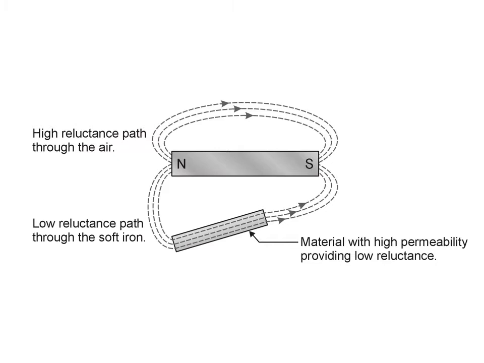When we have more lines of flux in a given area, we say that it has a high flux density. The more flux we have per unit area, the more lines of force we have that are concentrated, the stronger the magnetic field will be in that area.